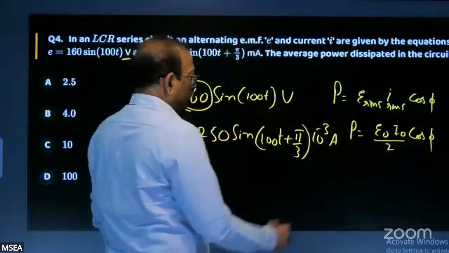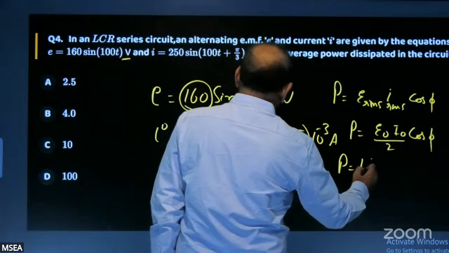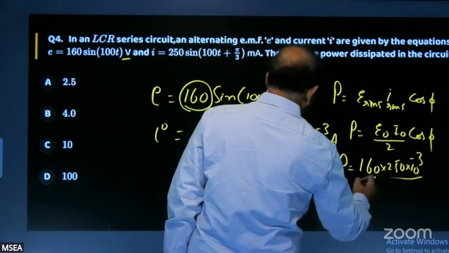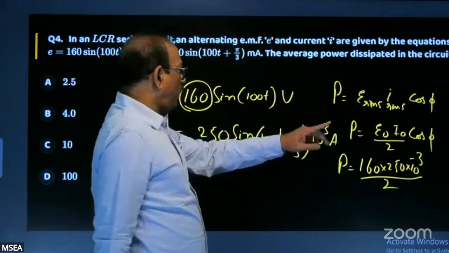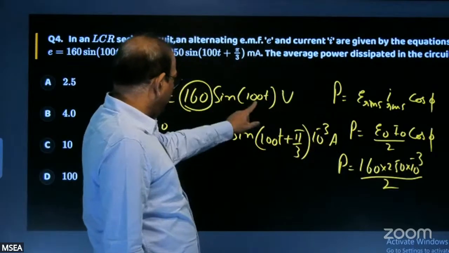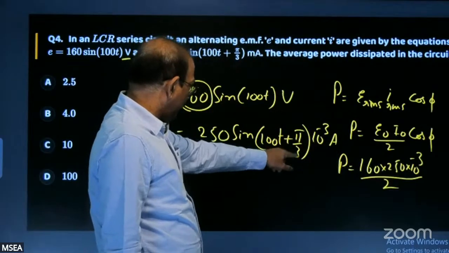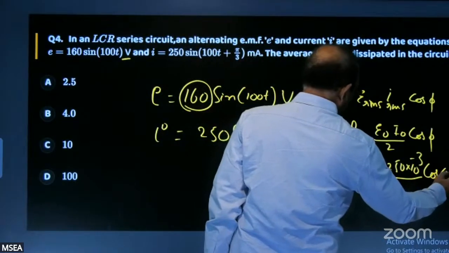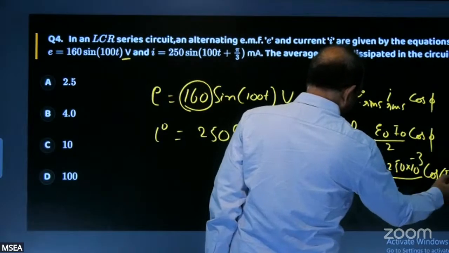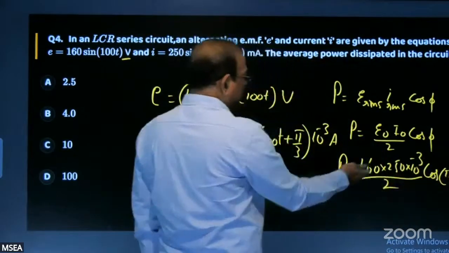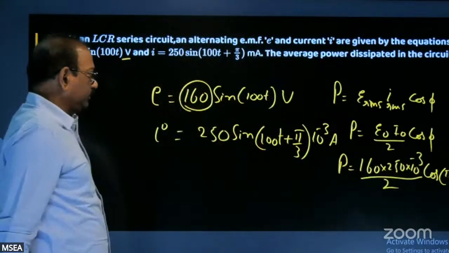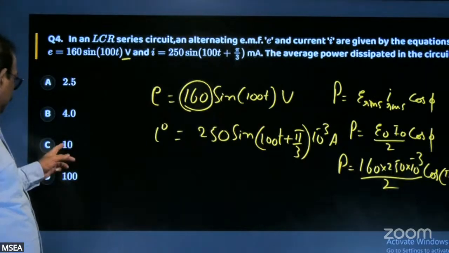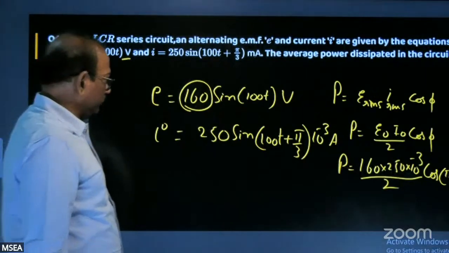I naught. Substitute there. 160 into 250 into 10 power minus 3 by 2 cos phi. The phase difference between EMF and current is pi by 3, cos pi by 3 is cos 60. What is cos 60? 1 by 2. Substitute 1 by 2 and simplify. You'll get the power. It is the third or fourth option, because the answer starts with 1.